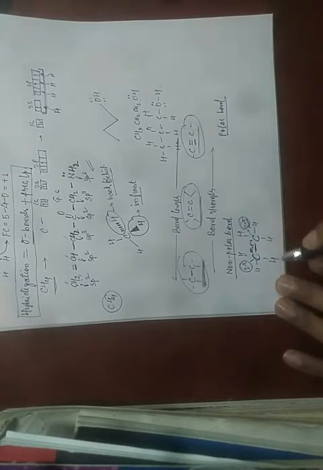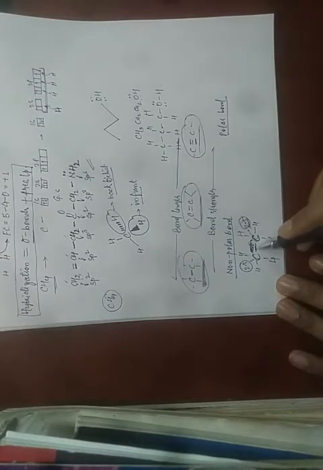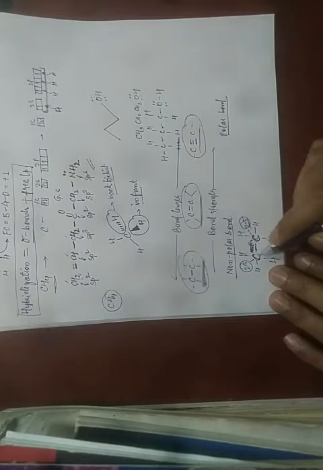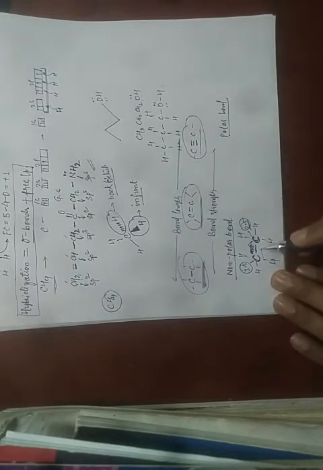So this type of bond, where the electronegativity of the bonded atoms is exactly the same, so the electron density does not shift to either side, is called a non-polar bond.